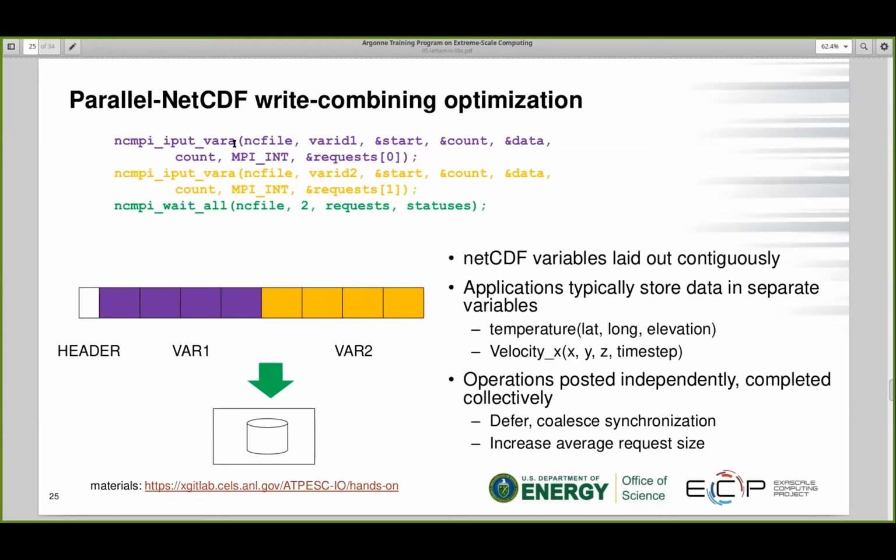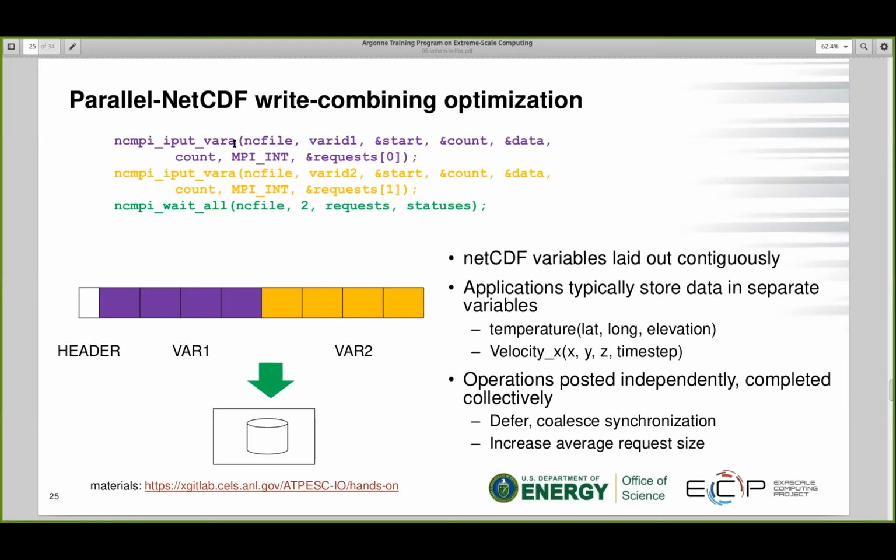It returns immediately. It says, okay, I have this data I want to store in a file, and you get back a request. Then you do that again for a second variable, and then you can wait collectively for those variables to be written out to the file.